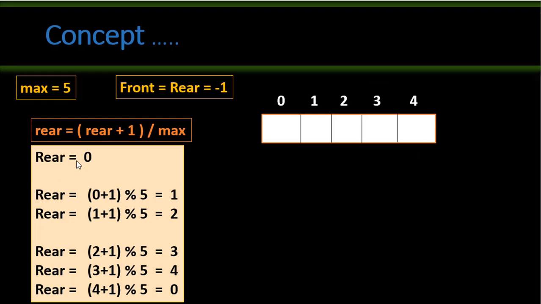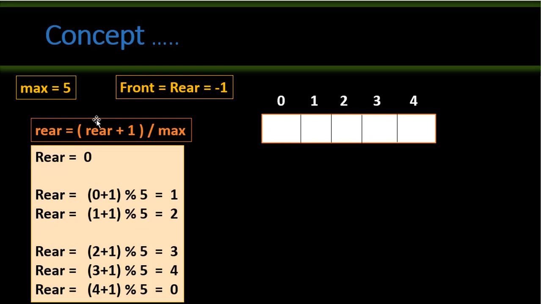So here is an important formula which you have to keep in mind while incrementing the front as well as the rear variable in a circular queue particularly. So max equal to 5, front equal to rear equal to -1. We have initialized front and rear by -1 because the queue is empty.